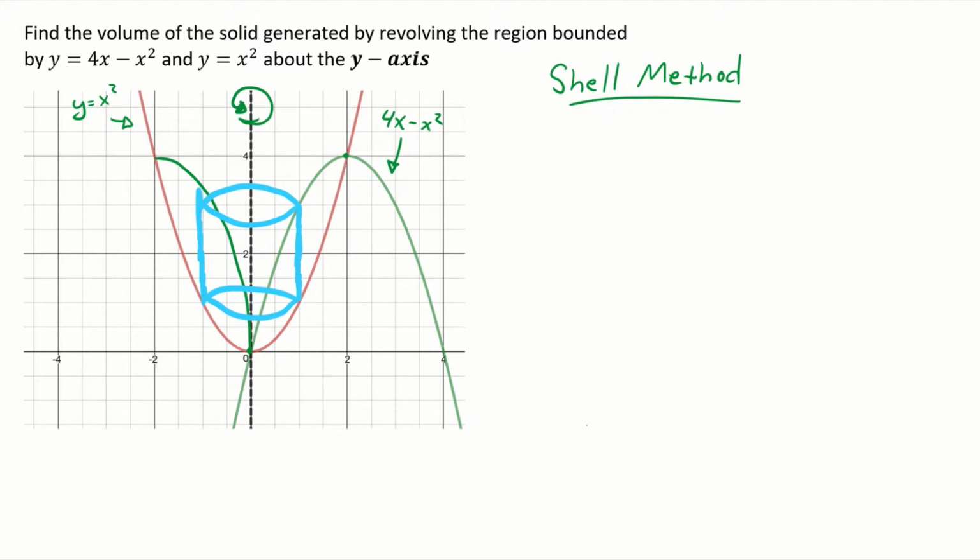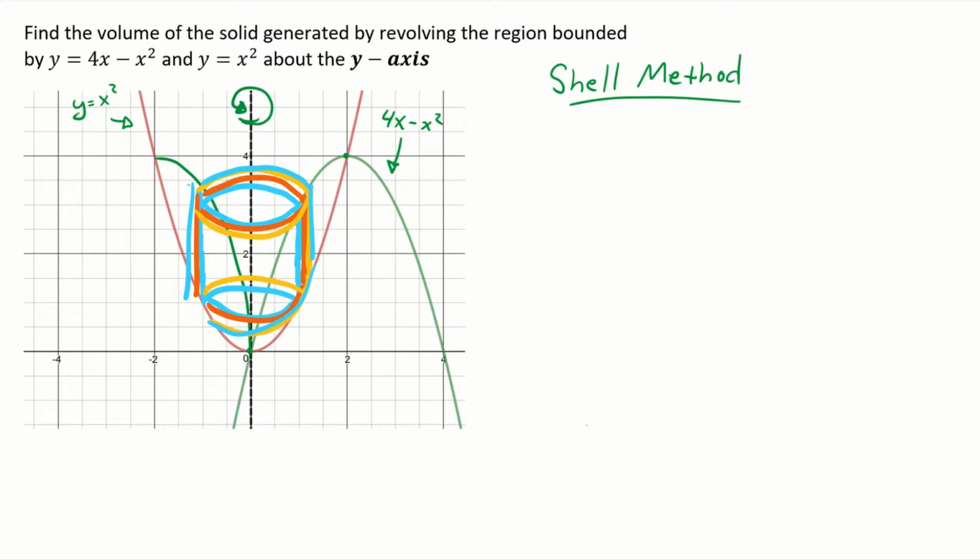Now I need to find the volume of each of those cylinders, because then I would have another cylinder outside it, and then yet another cylinder stacked on that. You find the volume of all these individual cylinders, and you keep going out until you fill up all your region with these cylinders that nest inside each other.